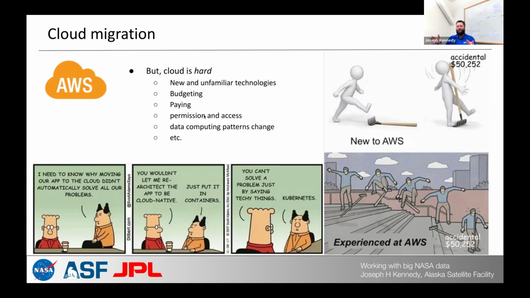Because you're building everything, you now have to control all of your permissions and access. So when you're in AWS, access controls are managed by AWS externally with something called IAM, Identity and Access Management. What that means is that when you get a resource, you get the resource.